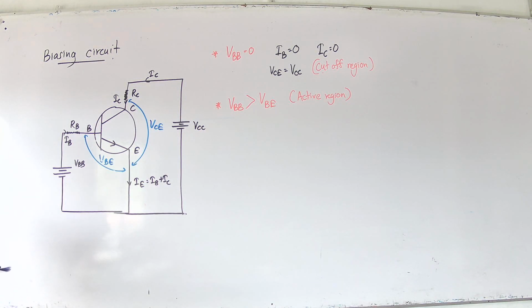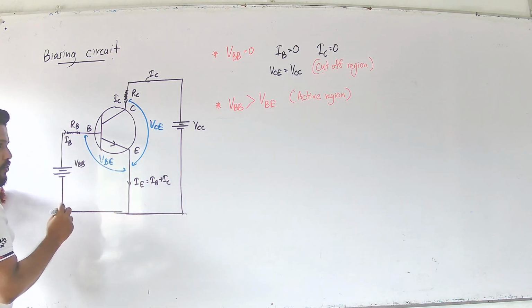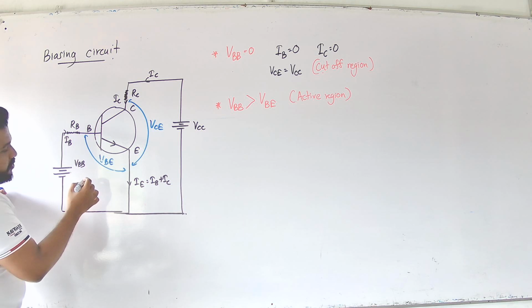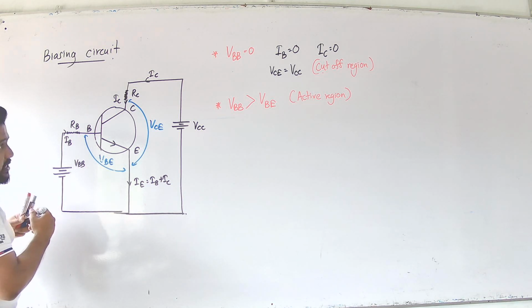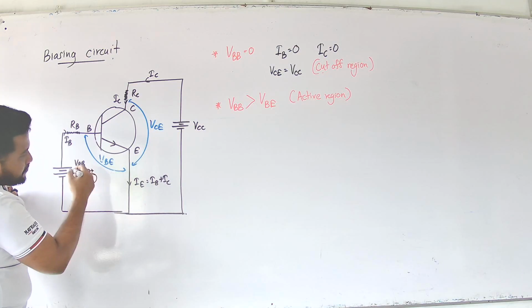Okay. So how can we find out the voltage and the potential using this diagram? We know the VBB value. So we have to apply Kirchhoff's law across the first loop.